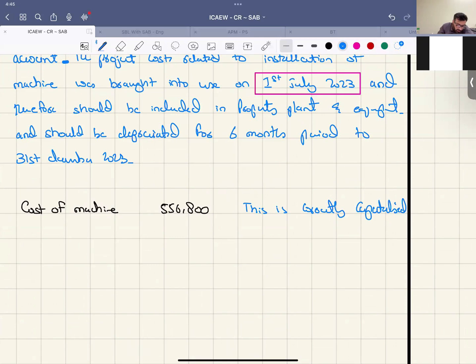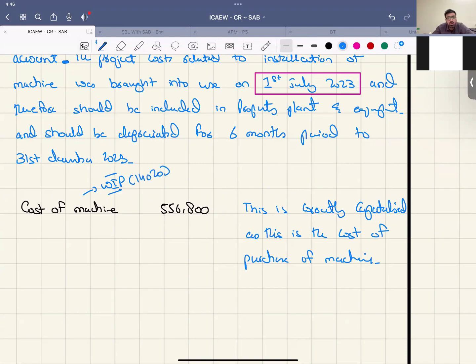Why? As this is the cost of purchase of machine. But once you see the advanced information, this cost is included in work in progress account 14020.